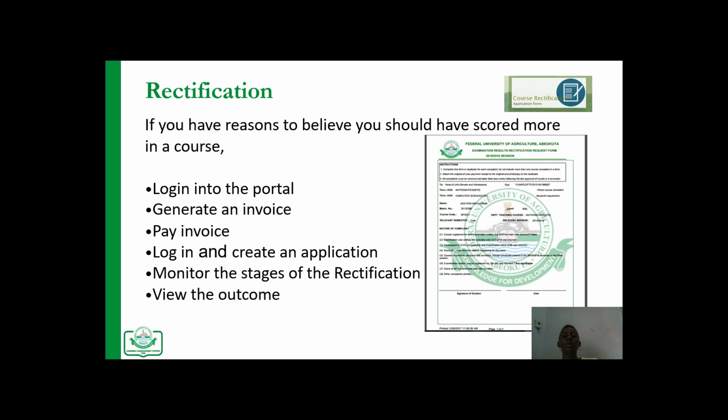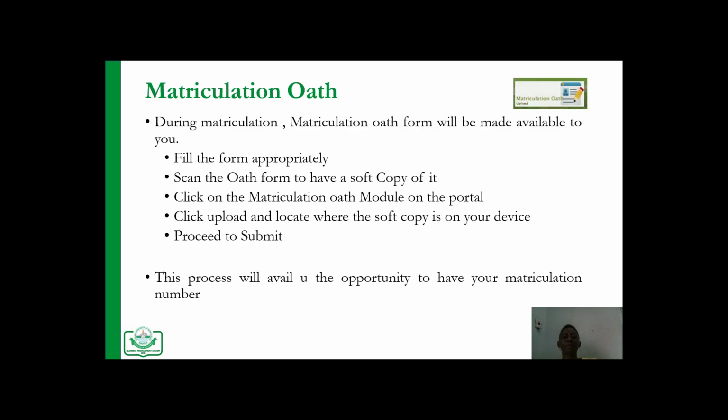If not, your old score will be the outcome. So rectification is either positive or negative. If it's still your old score, then nothing changes in your results. If it's your new score, then your department will effect it at the right time.